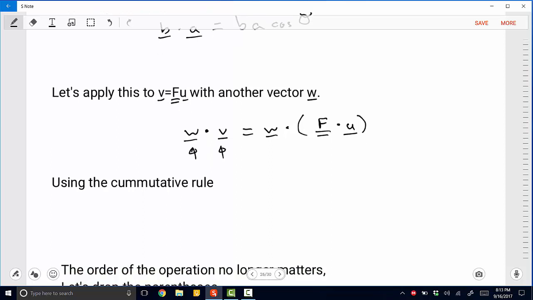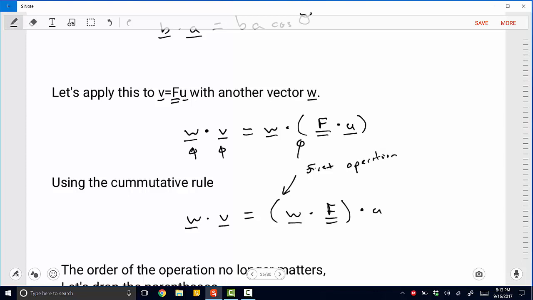If we do that, then we can simply say that our vector W dot product vector V is also going to be the same thing as W dot our tensor F dot U, meaning that the first operation in this equation does not matter.